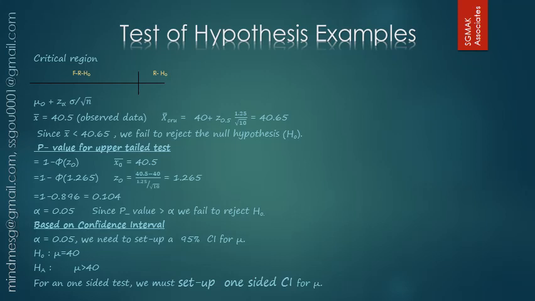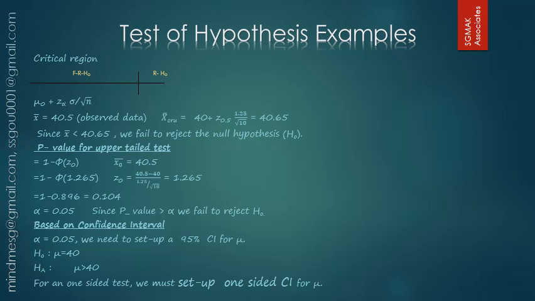Since our sample average happens to be less than 40.65, it falls in the fail to reject null region, so we fail to reject the null hypothesis. If you compute the p-value, which for a one-sided test is 1 minus phi of z observed, that number comes out to be 0.104 or 10%.